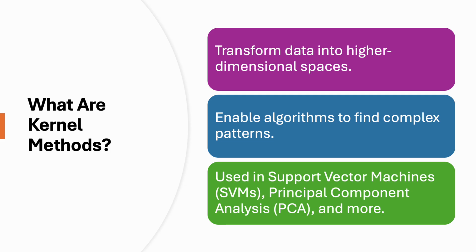Kernel methods are a powerful set of techniques in machine learning that helps computers understand complex patterns in data by transforming it into higher dimensional space. Imagine you're trying to sort two piles of mixed up red and blue marbles on a table. If you look at them from above, they might overlap and seem impossible to separate.